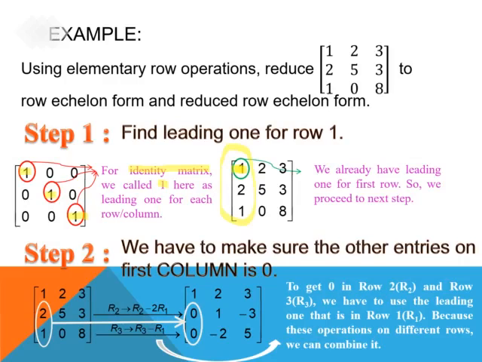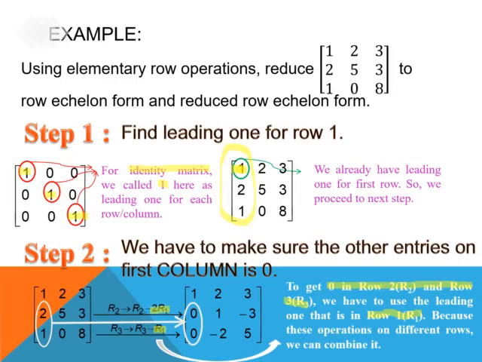So 2 and 1 must be 0. So to get 0 in row 2 and row 3, we have to use the leading one that is in row 1. That's why our operation is using R1.